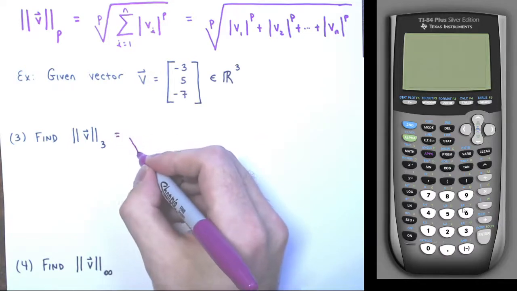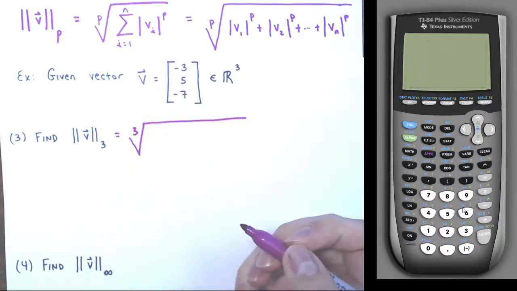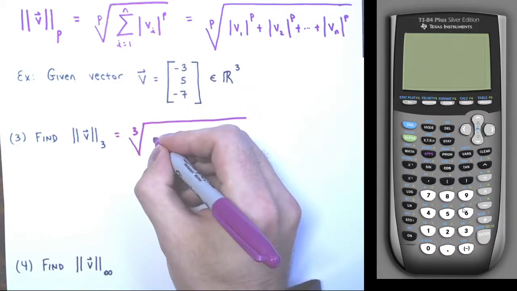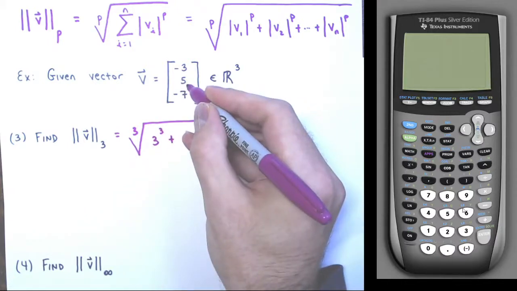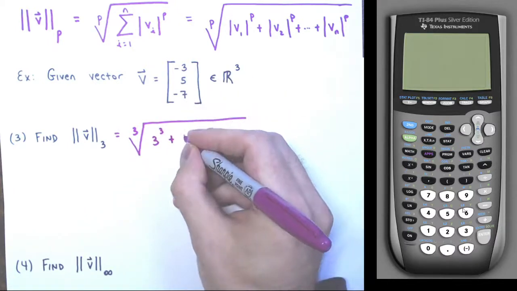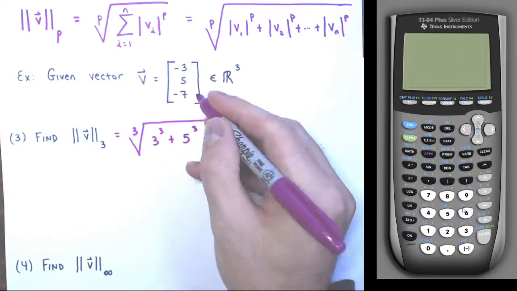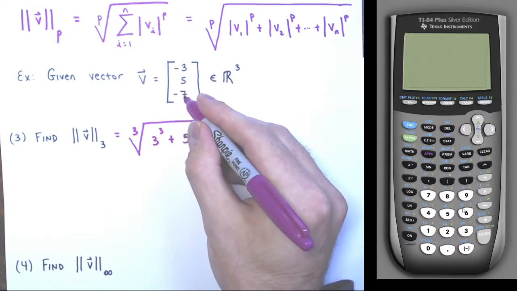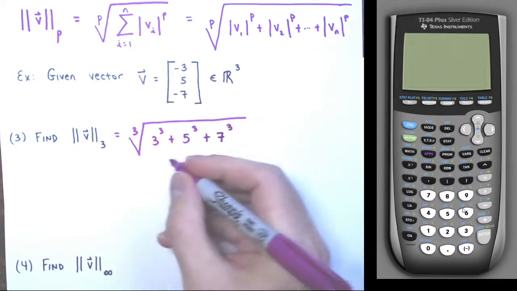So this would be the cube root, for this same vector, p is 3 this time, of the absolute value of -3, so just 3 to the 3rd power, plus the absolute value of 5, so just 5 to the 3rd power, plus, and again, because I'm raising to odd powers, absolute value is necessary here to keep things positive. The absolute value of -7 is 7 to the 3rd power.